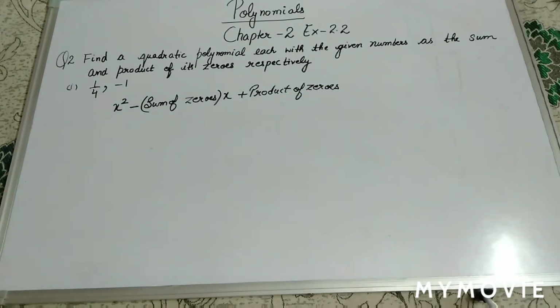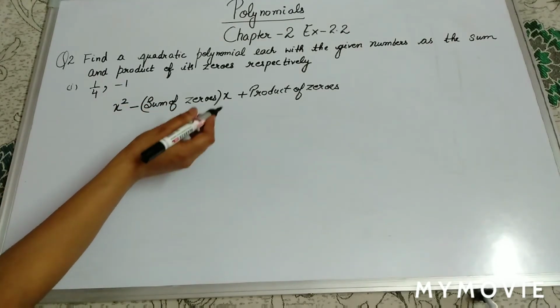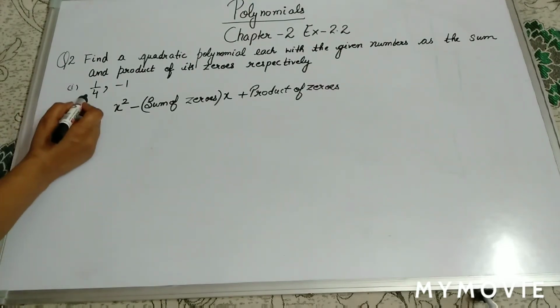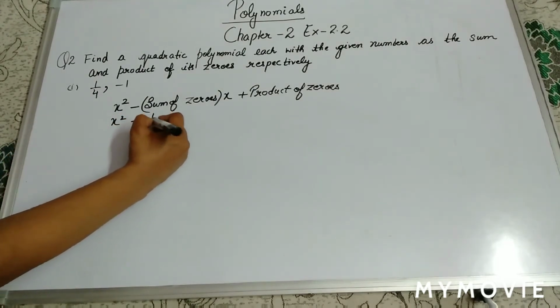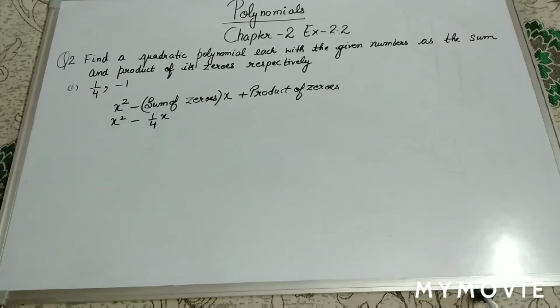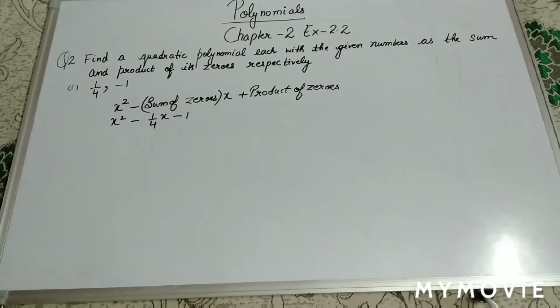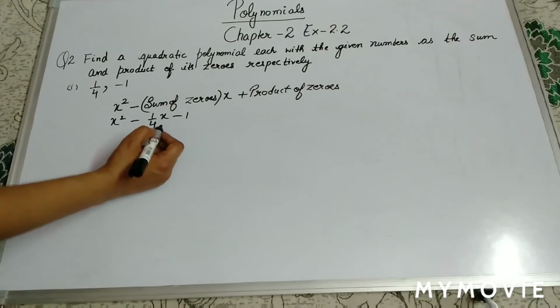This concept is given to you: x square minus sum of zeros into x plus product of zeros. See, the sum of zeros given to you is 1 by 4, so x square minus 1 by 4 into x, and the product of zeros is also given to you, that is -1. So now what you will do, this is not yet the quadratic equation which is formed.